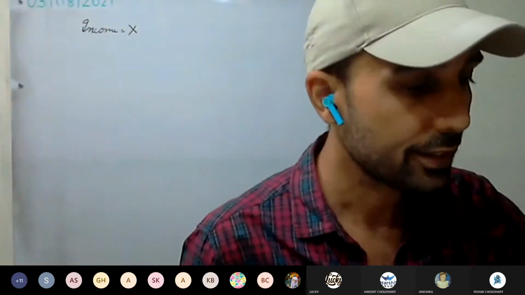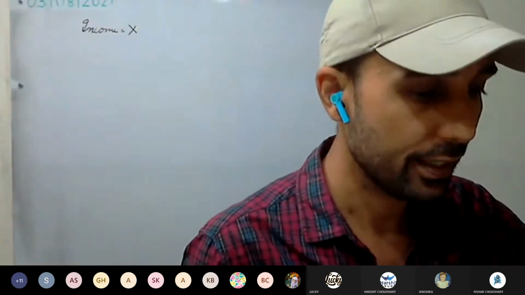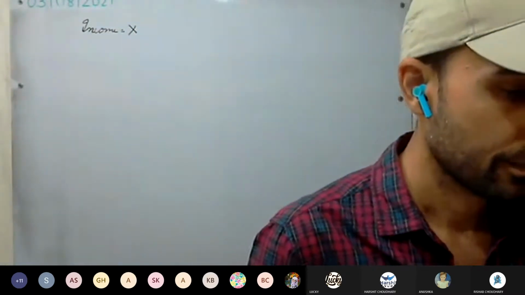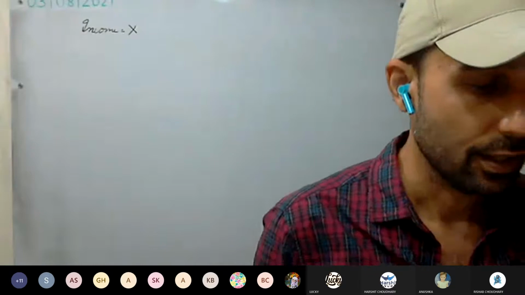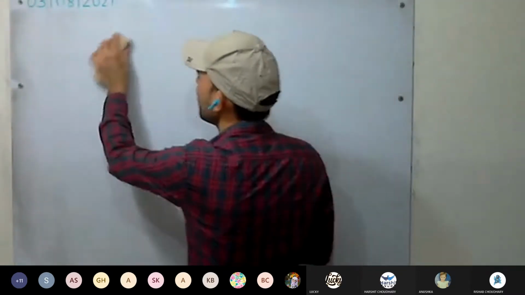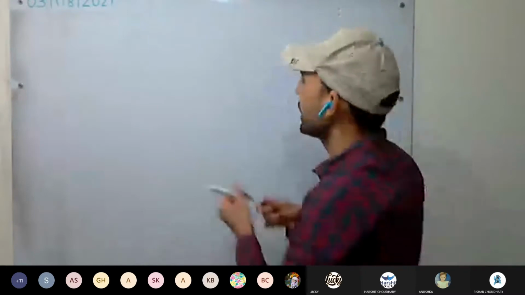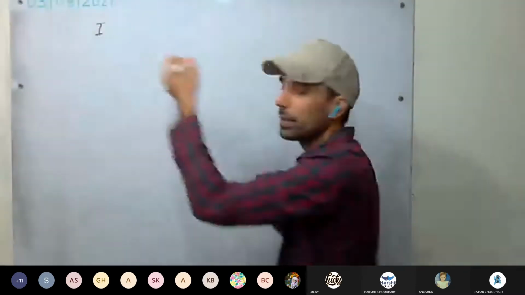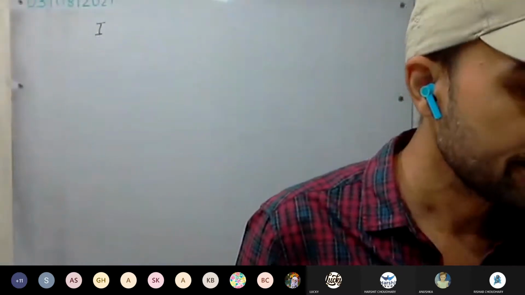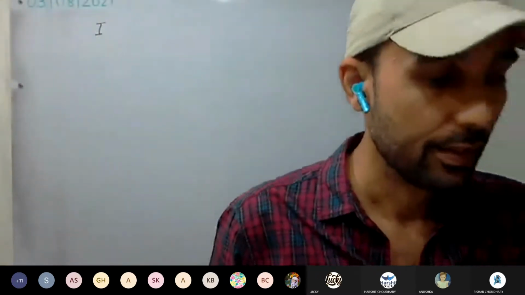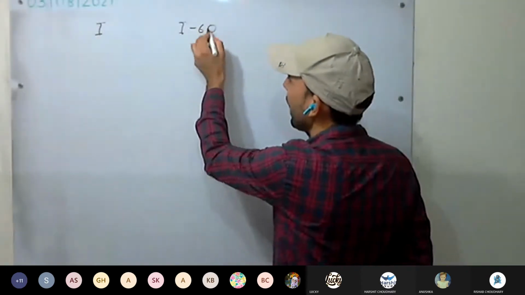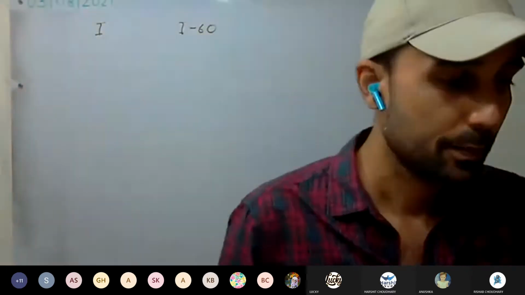The income decreased by rupees 60, so income we can consider as I only, no issues with that. In the first case it is I, in the second case the income is I minus 60.